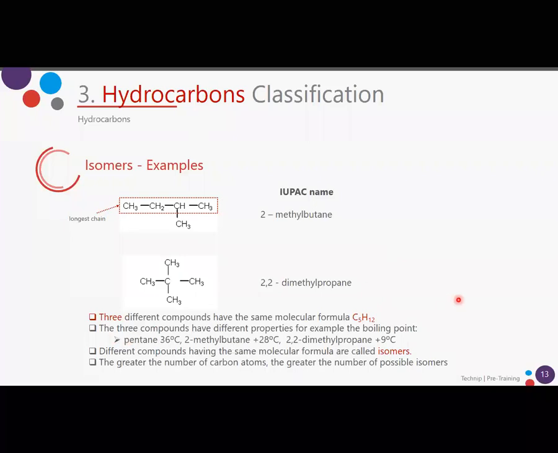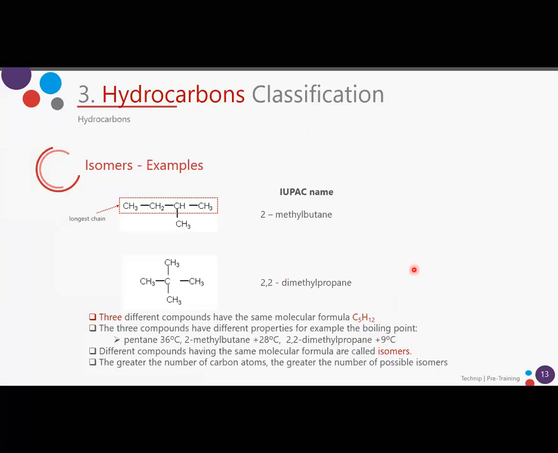If we compare the boiling point of these 3 compounds, we will see that the pentane has a boiling point of 36 degrees C. The 2-methylbutane has a boiling point of 28 degrees centigrade, but the 2,2-dimethylpropane has a boiling point of 9. So there is a big difference between the 36 and the 9 degrees.